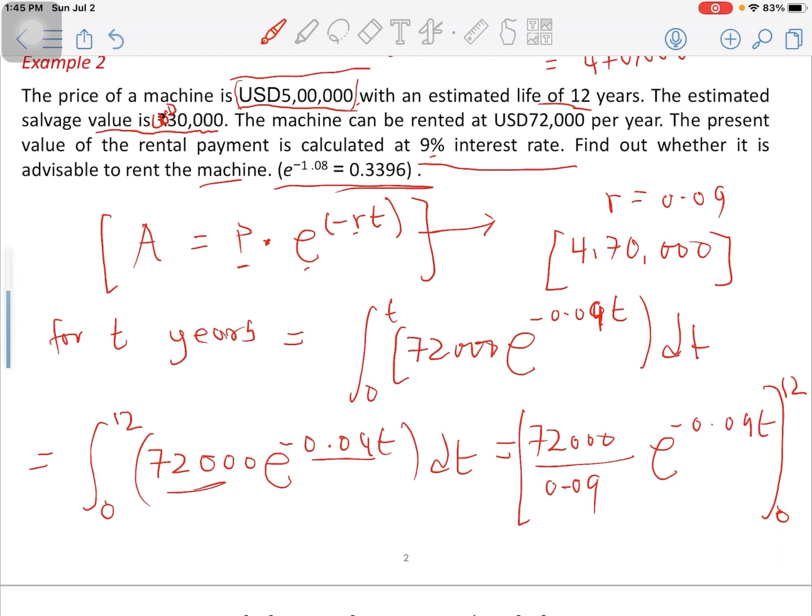So when you subtract 470,000 from 528,320, you can see that we can gain so much profit. So I don't think you would advise someone to go and rent it instead of buying it, right? Oh, sure.